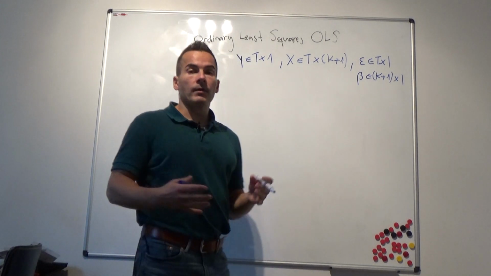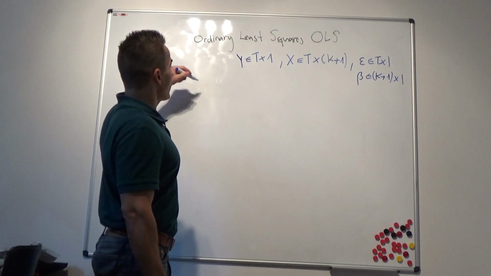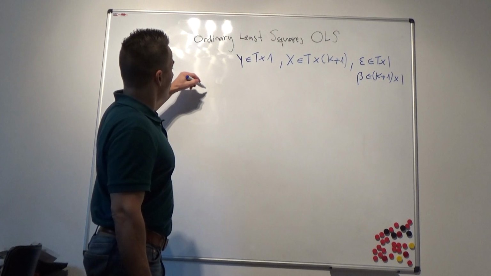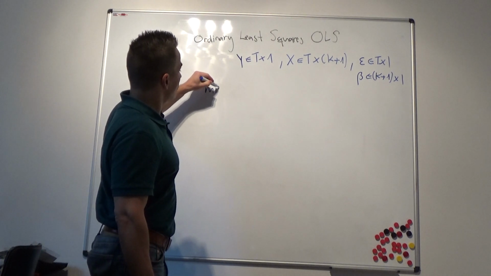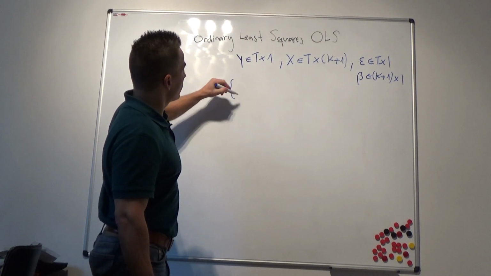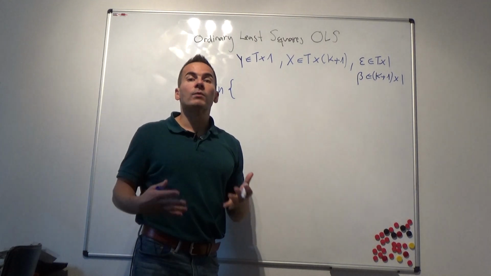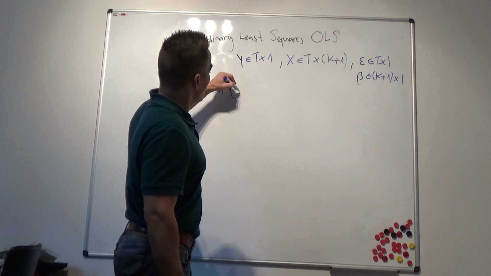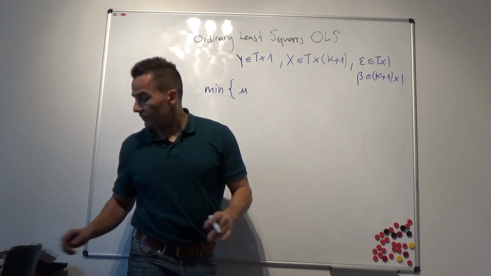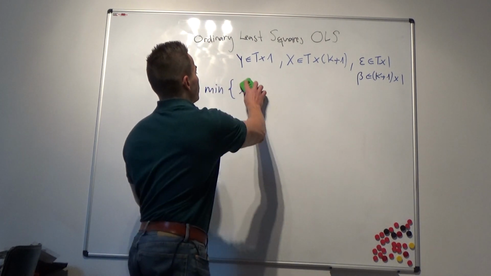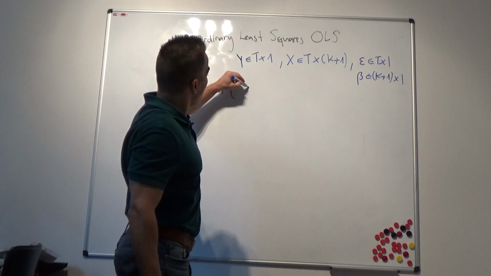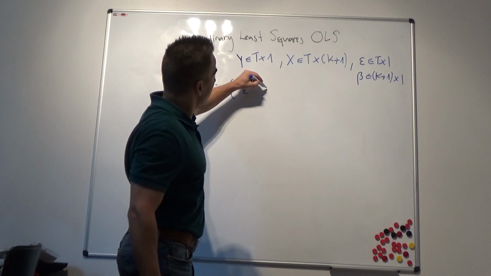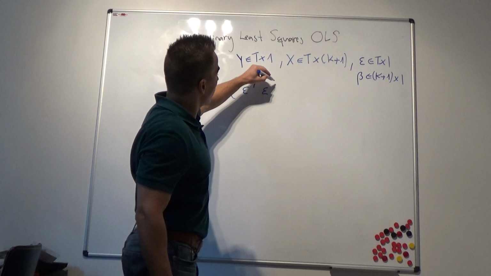So we have already defined the dimension of our data vectors or data matrices, and the OLS methodology has the objective, so the function is that we minimize the sum of squared residuals, and in vector notation it is epsilon prime times epsilon.